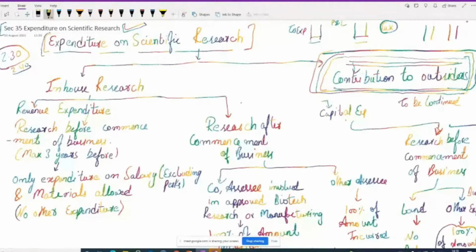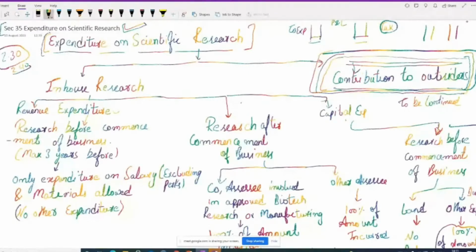We are discussing only in-house. In-house can be divided into revenue and capital. And now in revenue, it's before business and after business.